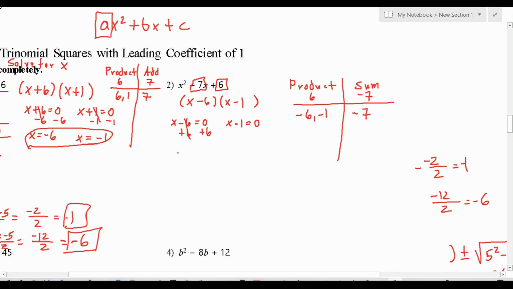This crosses out, leaving us with x equals 0 plus 6, which is 6. Add 1 to both sides. Negative 1 plus 1 is nothing, so this leaves us with x equals 0 plus 1, or just 1. And again, just like that, using basic factoring technique and some mental math, we were able to solve this one.